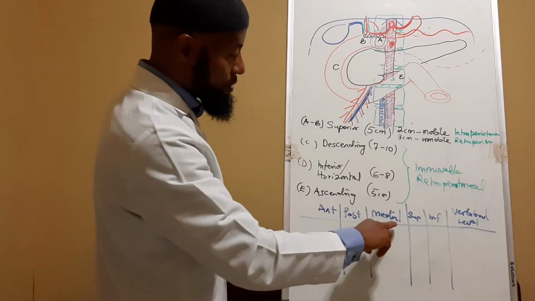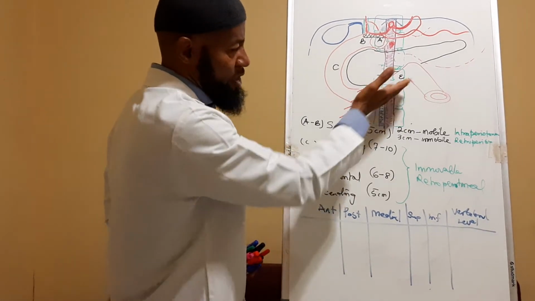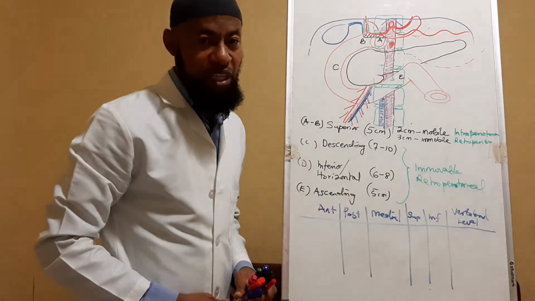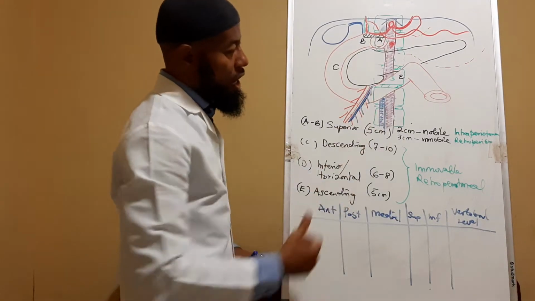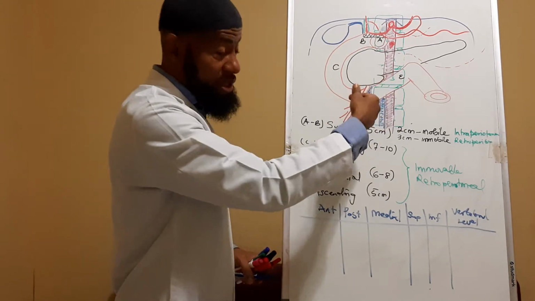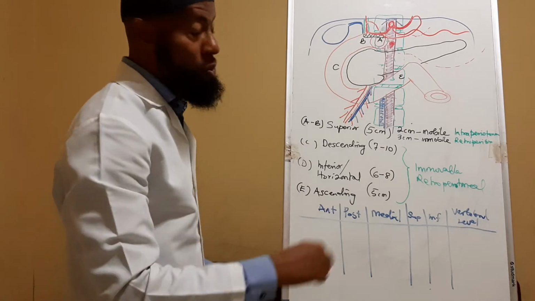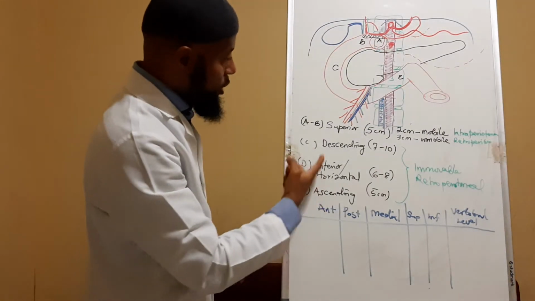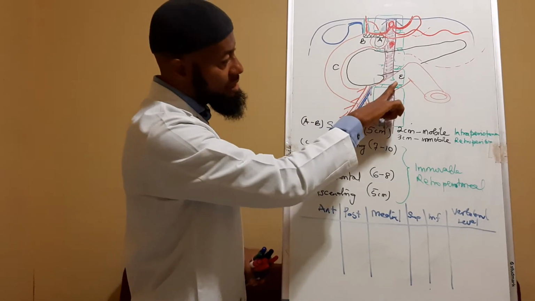Okay? How about medially? You don't find anything in the medial aspect because it's just an extension of that. And then superiorly, you find the uncinate process of the pancreas. Inferiorly, you would have, of course, the same structure. And of course, the vertebral level is going to be L3.